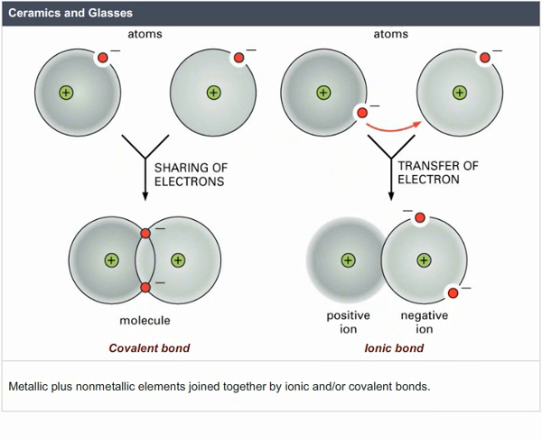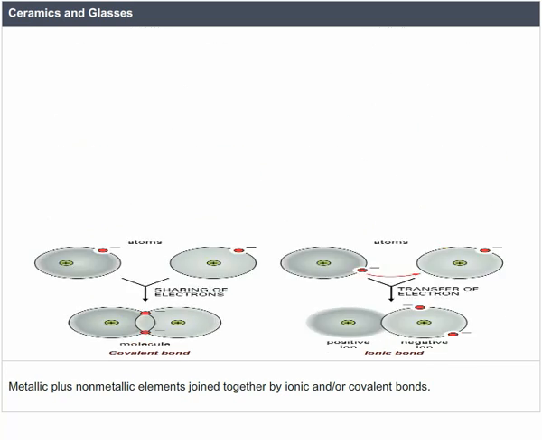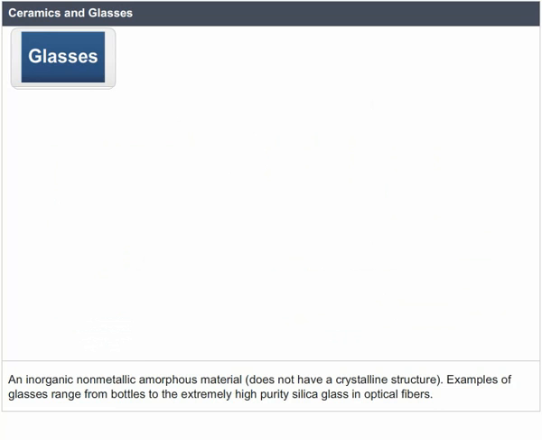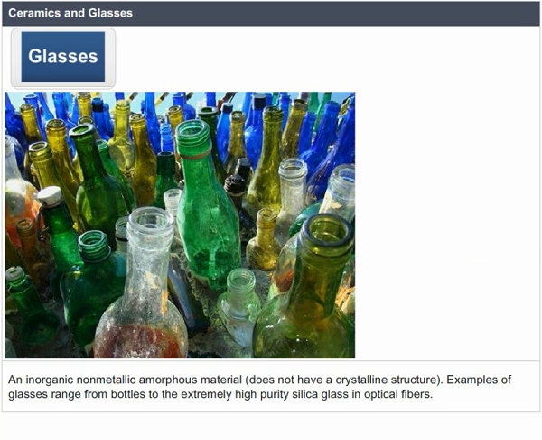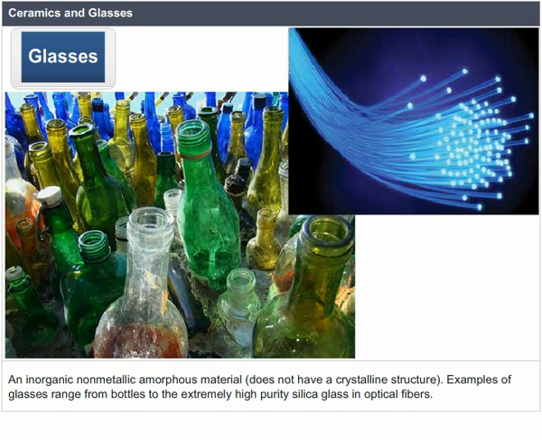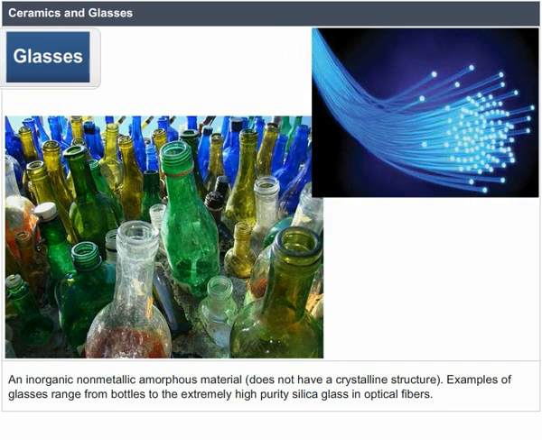They are metallic plus non-metallic elements joined together by ionic and or covalent bonds, and can be crystalline, polycrystalline or amorphous. The last one is sometimes treated as a different category, glasses. Glass is an inorganic non-metallic amorphous material that does not have a crystalline structure. Examples of glasses range from bottles to the extremely high purity silica glass in optical fibers.